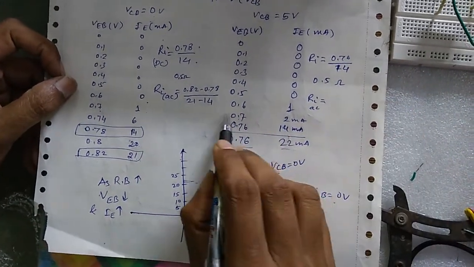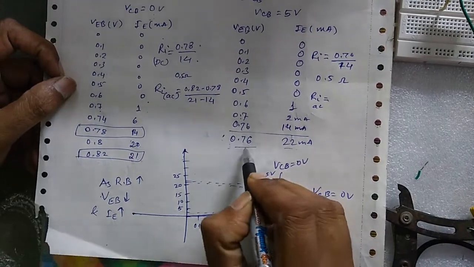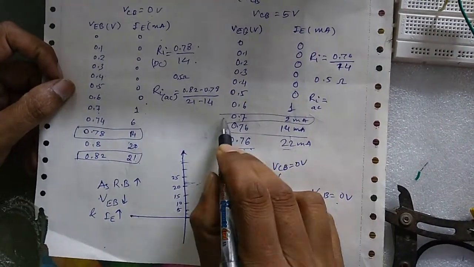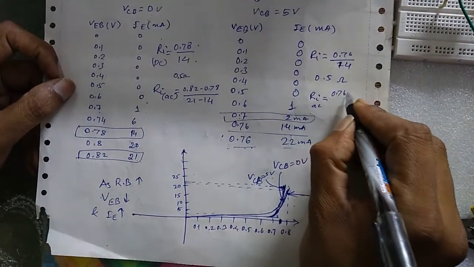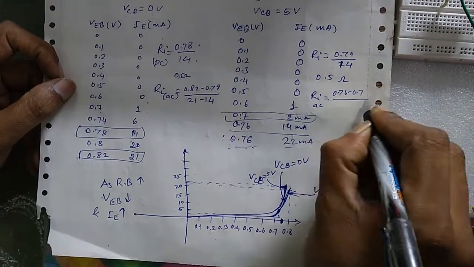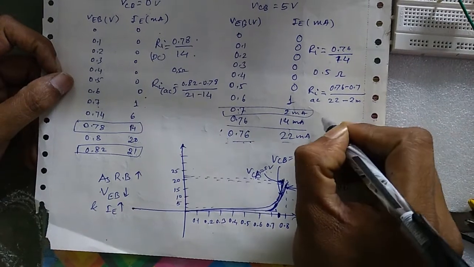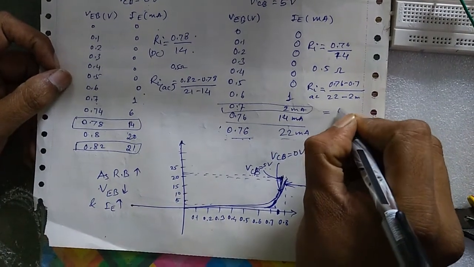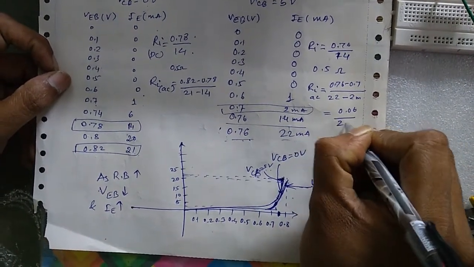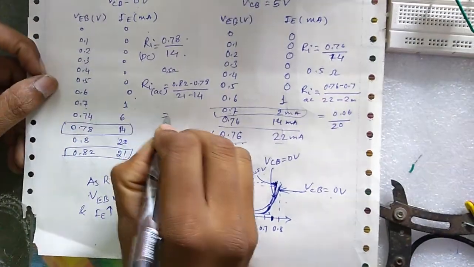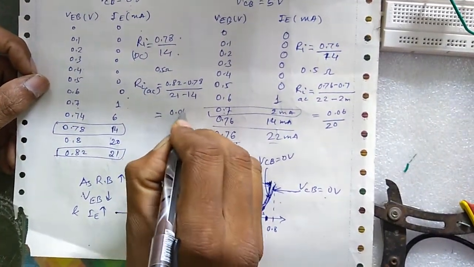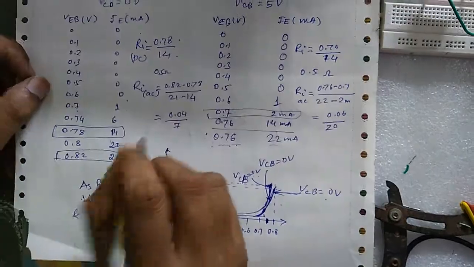So let us see, as VCB is constant, let us see these values. 0.76 minus 0.7 divided by 22 minus 2 milliamps. So this will be 0.06 divided by 20, and here it is around 0.04 divided by 7.